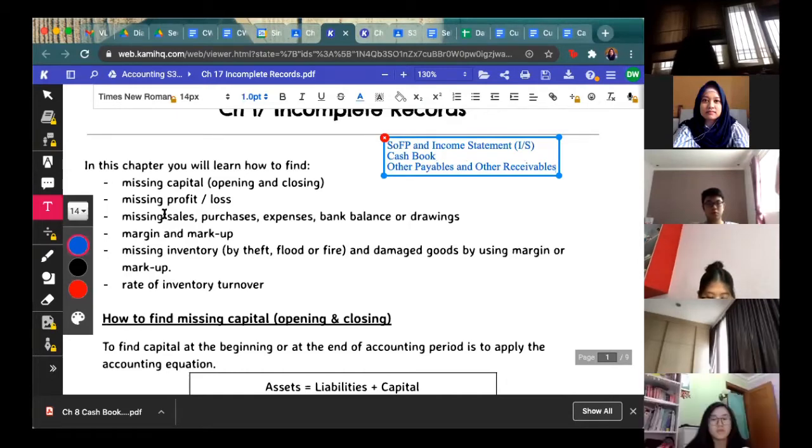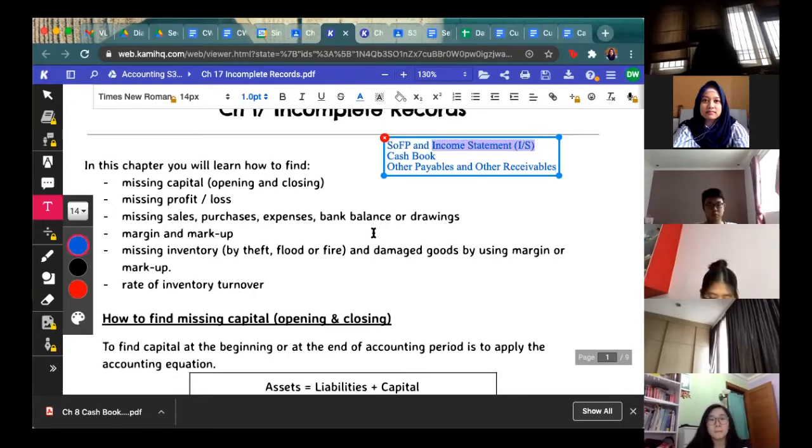Okay, but it is not possible that you will be questioned on all of it in one question. It can be missing capital and profit, and then missing expenses or drawings, or a missing closing inventory, but you are required to do the income statement.